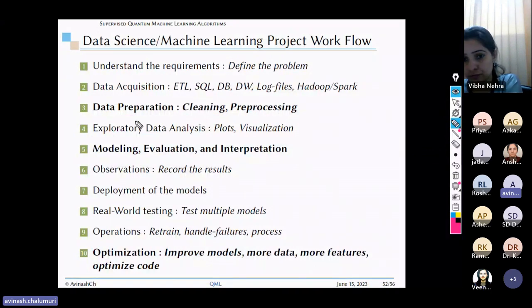That is the point I want to drive: you can introduce quantum in these stages, not the other stages, because the other stages are very well established, and you cannot waste time trying to identify how to use quantum in those areas. So these are the areas you can always try and publish.